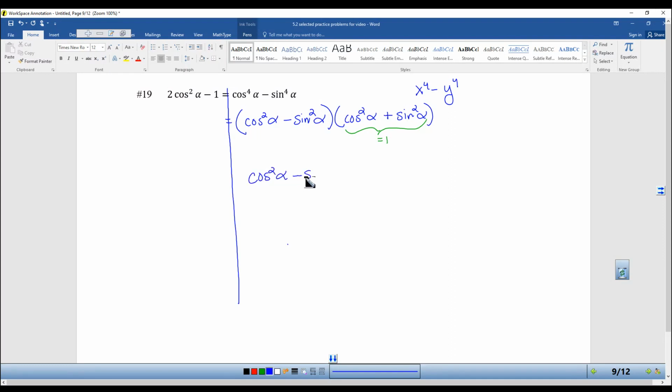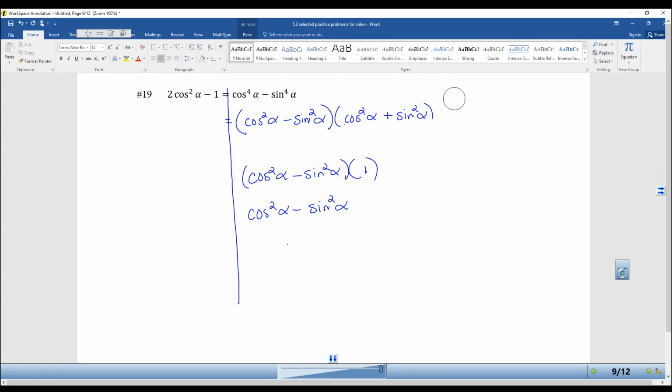The correct way to show that step would be like this, times 1, and then cosine squared alpha minus sine squared alpha. Just so you know, I do this sometimes in the video to make sure everybody's understanding me, but the correct form of a proof would look like this. So now I still have a problem. I have all cosines on this side, but I still have a sine over here.